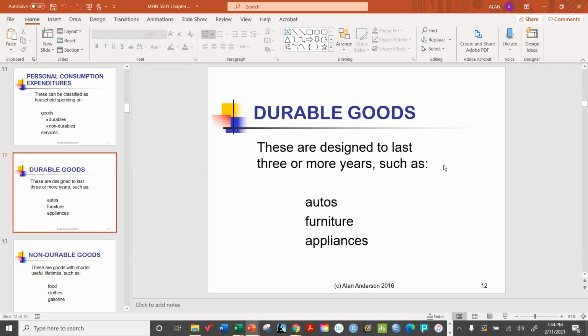Now, the one thing they do all have in common with each other is that they're, first of all, very expensive, which means how are they typically financed? Do you pay for these with cash? Probably some payments.